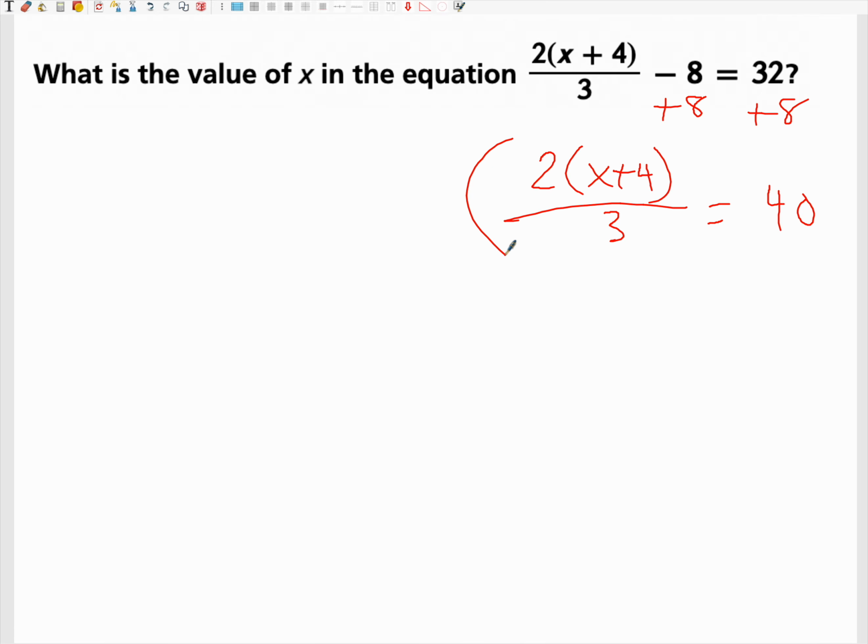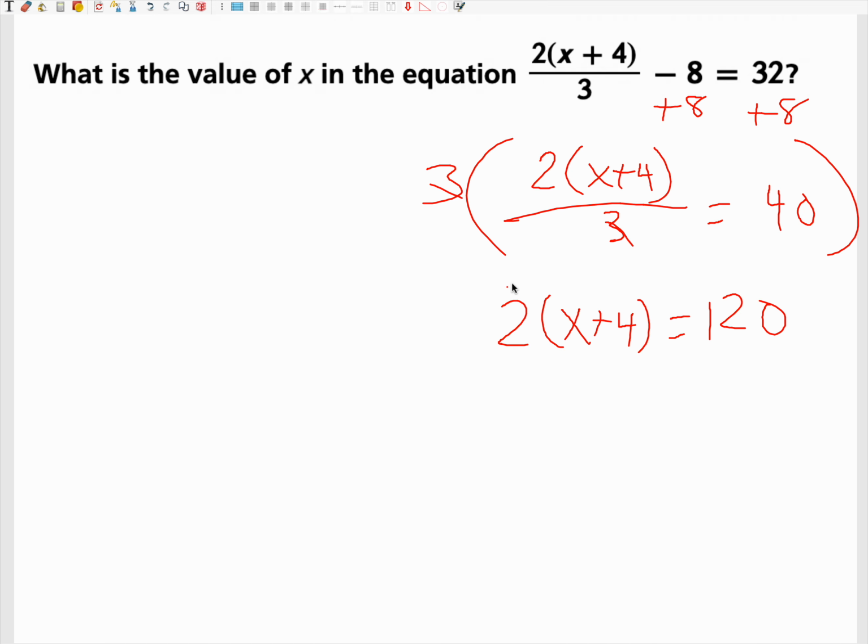I like that step. Multiply everything times 3. So that would be 2 times x plus 4 equals 120. Wait, wouldn't it be like 6 times x? No, because on this side, these 3s just cancel out. That's where the multiplication happens, just to get rid of that 3. What would I do next, Lucy? I absolutely can distribute next. Yep, that's a good step.